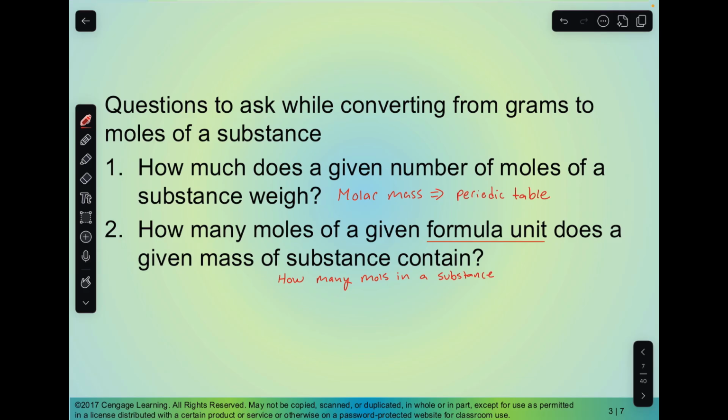And there's a couple other things that I want to add here. So if you are asked, that's going to be 3. If you are asked about the number of atoms or number of molecules, you may need to use Avogadro's number.